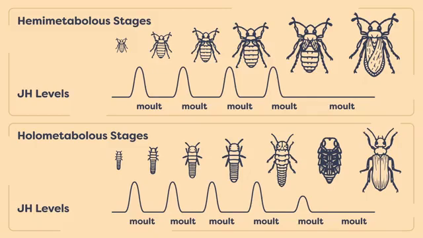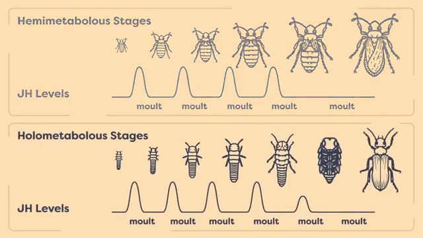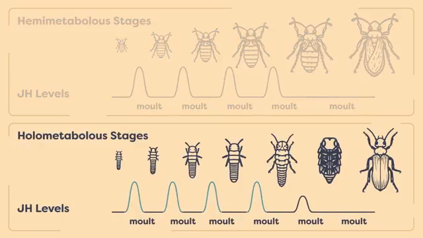In hemimetabolous insects, if juvenile hormone is present, the insect will remain a nymph after its molt. If juvenile hormone is absent, the nymph will molt into an adult. In holometabolous insects, a similar process occurs, but with some variation.